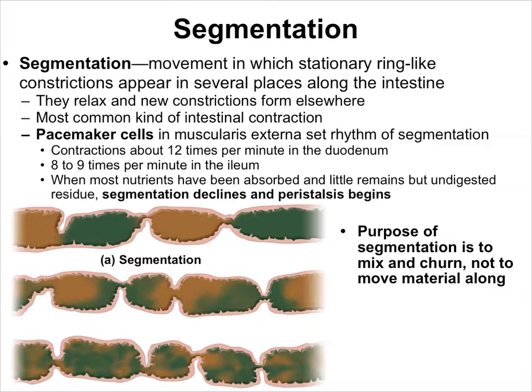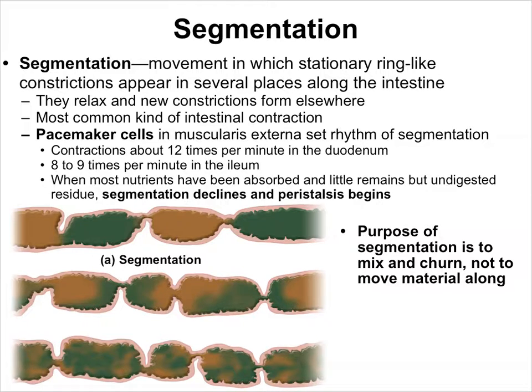It's like you've got a bag of something that you want to mix, and you just squeeze it, squeeze it, squeeze it. You're just constantly forming contractions in different places. This does not move the food down, but this fulfills points 1 and 2.